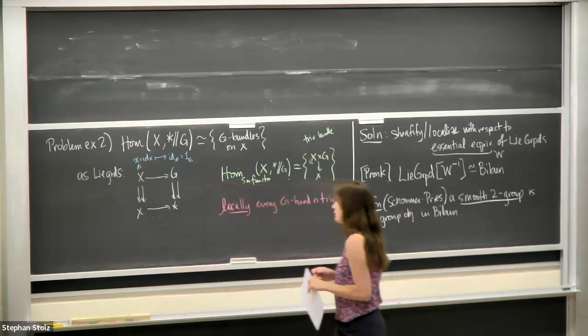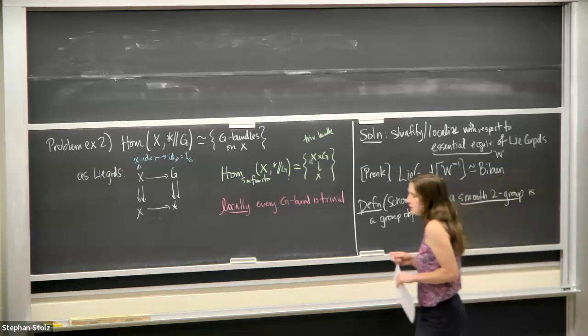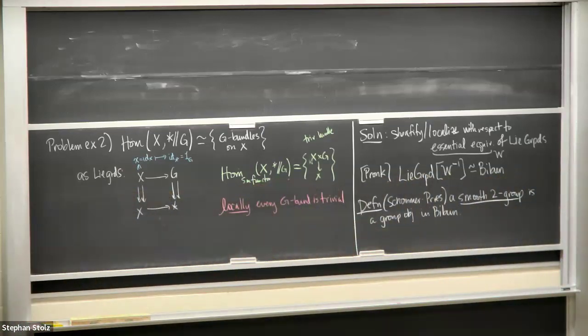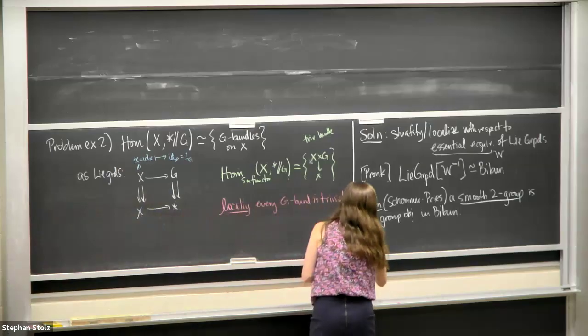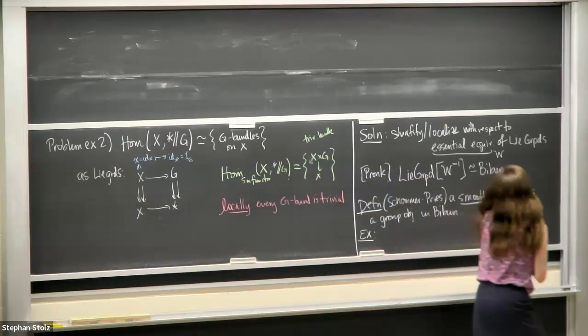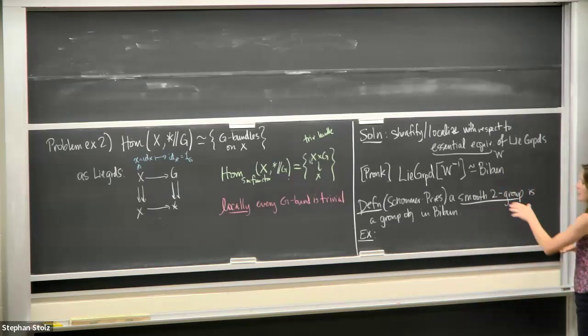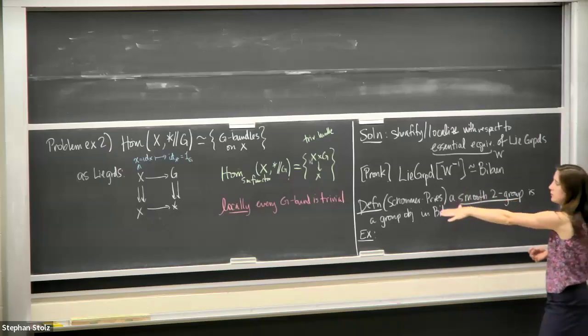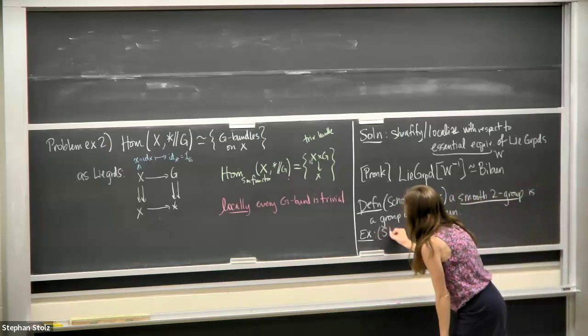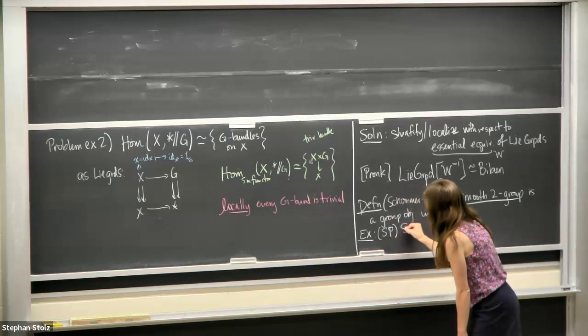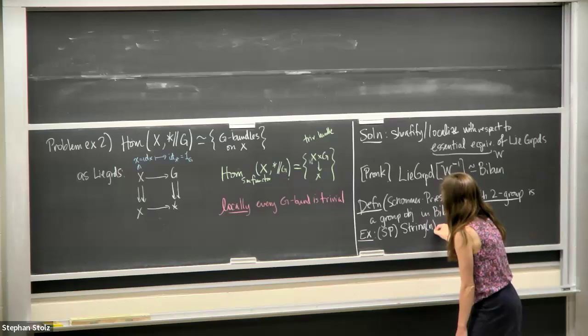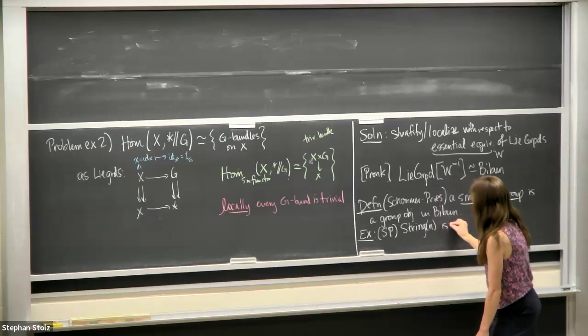Okay. Before I talk about principal bundles, one last thing I want to note about 2-groups is that this description of 2-groups in terms of categorical extensions, Chris also gives. Maybe this is an example, though it's not very explicit at all. But you can think of the string group as being a smooth 2-group, a group object in bibundles.